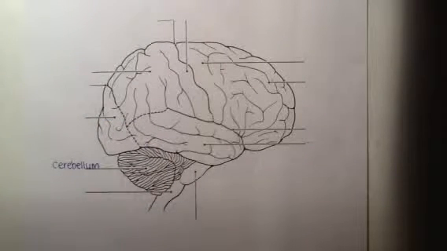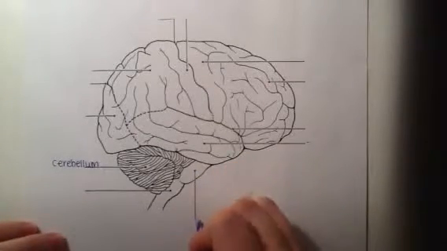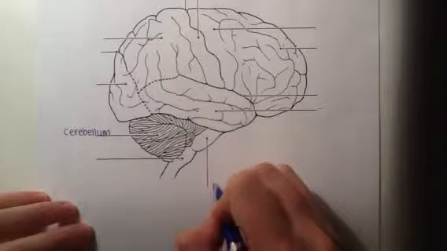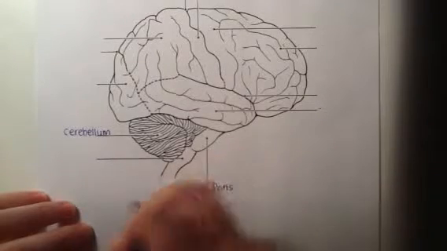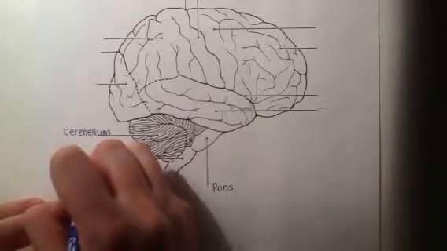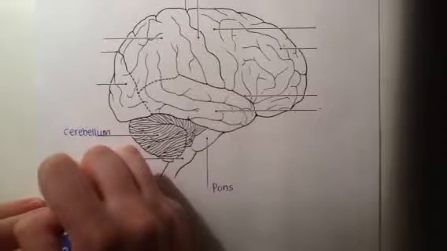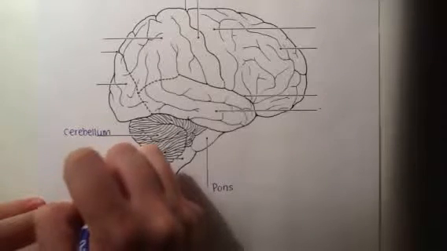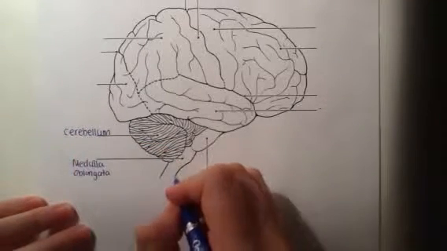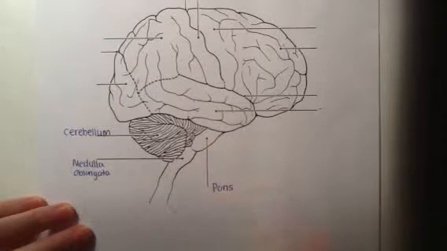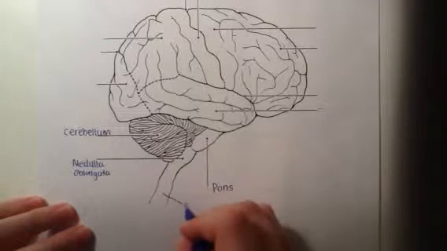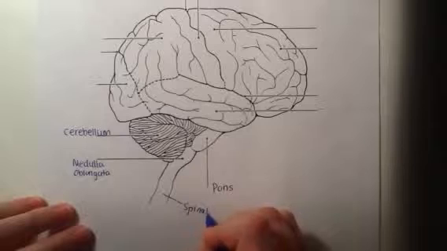Let me get my cheat sheet here. That's your cerebellum. Here is your pons. Underneath the pons is your medulla oblongata. We could actually extend this down a little further, and this would be your spinal cord.